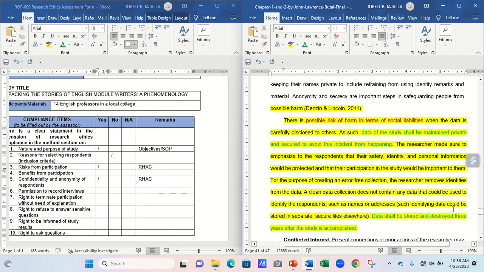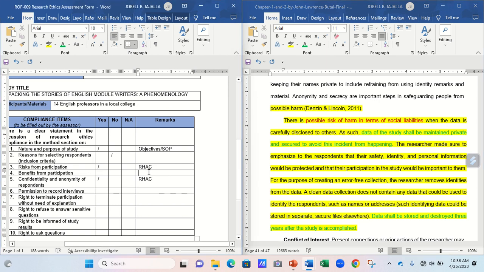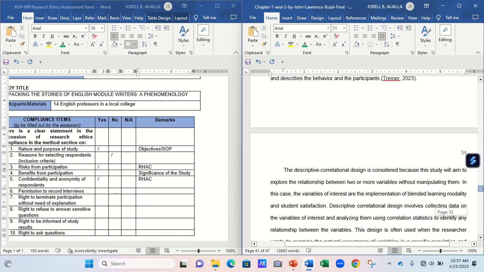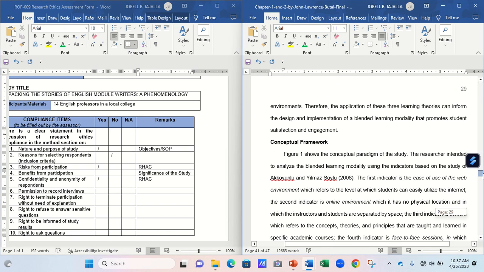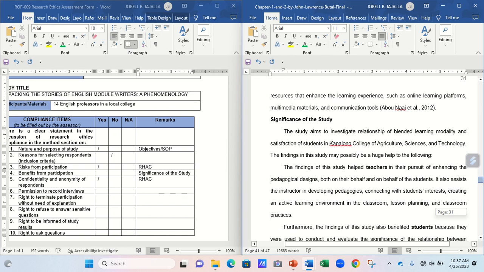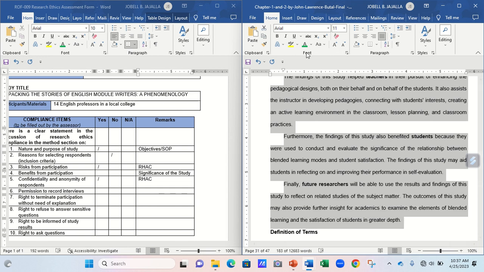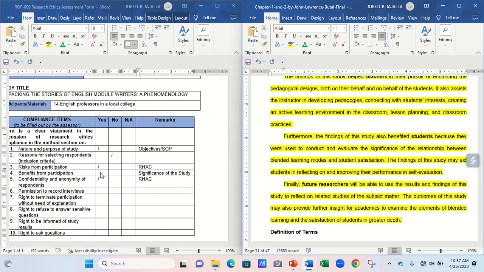Now, for the beneficence, moadto lang ta ani sa significance of the study. So, if naa dito ang naa dito na cite properly ang significance of the study diri na cite properly diri ang general importance kinsa ang beneficiaries, okay na kaayo na siya.